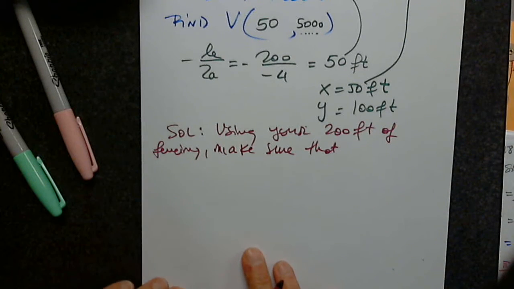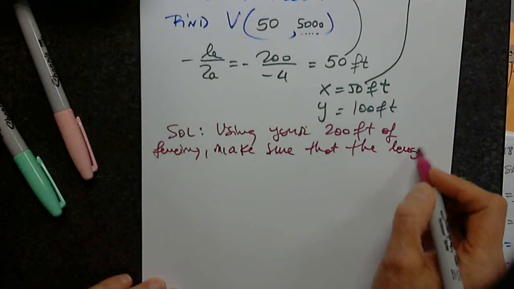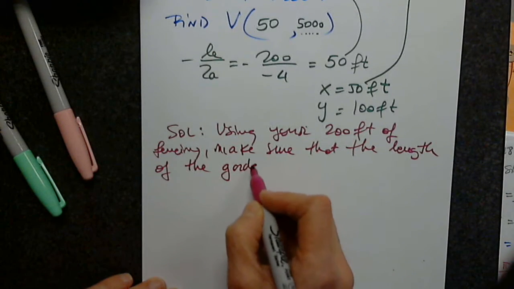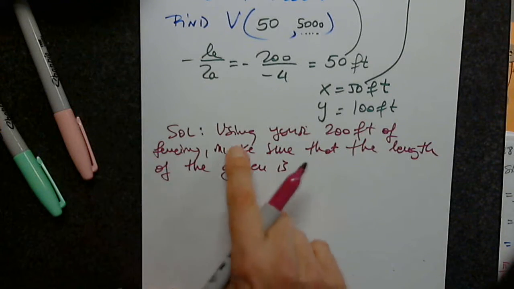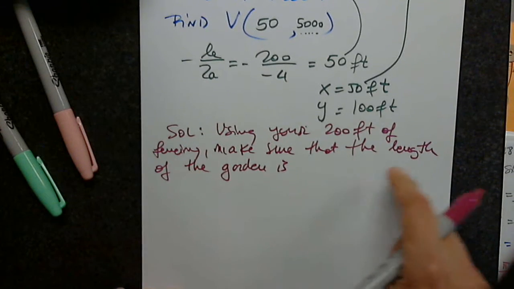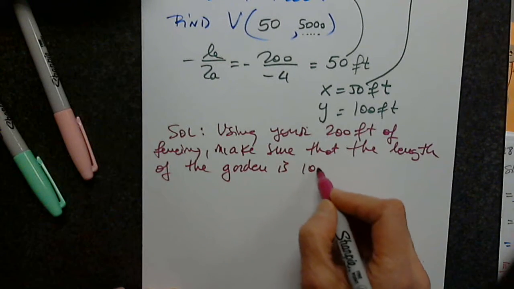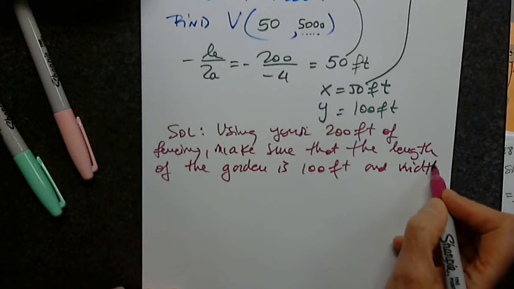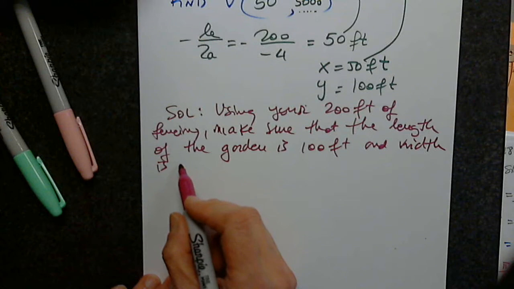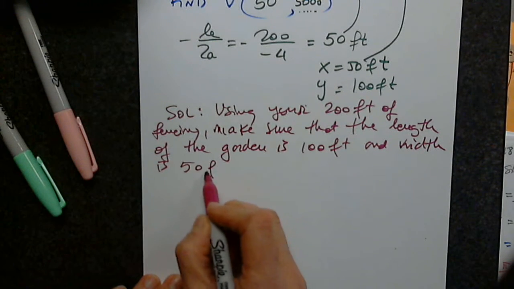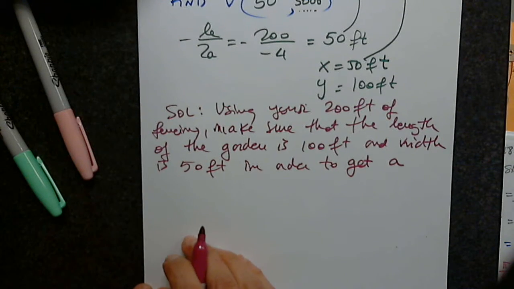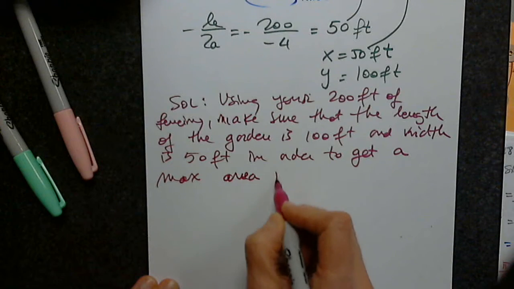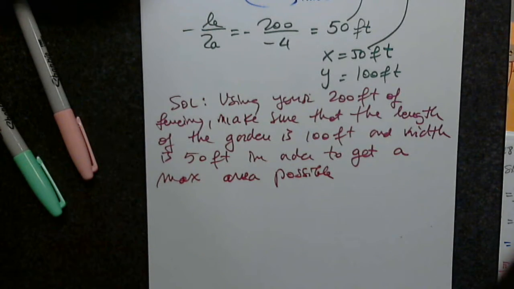Using your 200 feet of fencing, all of it, make sure that the length of the garden is 100 feet and the width is 50 feet in order to get the maximum area possible with the given conditions, the 200 feet of fencing on 3 sides.